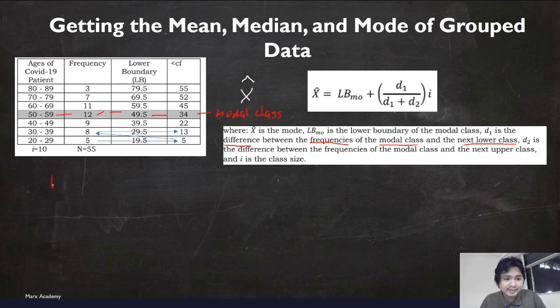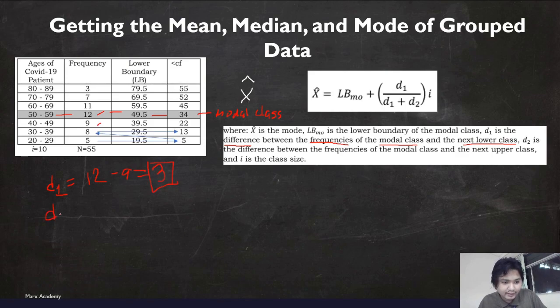So to get the d sub 1, the difference between the frequency of the modal class, which is 12, minus the next lower class, which is 9. So we have here 3.